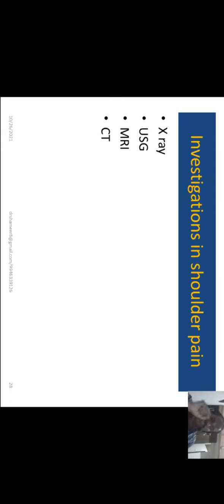But in case of IDK, internal derangement of knee like ACL, meniscal injury, we can't get an exact picture using ultrasound because it is a deep joint. We can't make any diagnosis with ultrasound. So in case of a superficial joint, we can have an ultrasound study. Among those, shoulder is the most important joint.